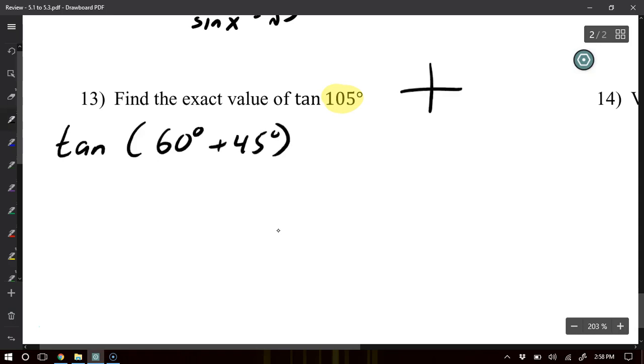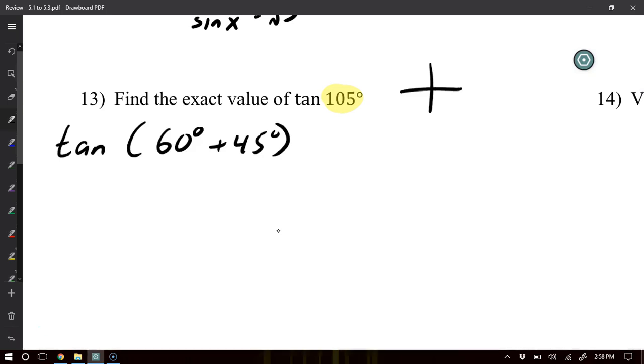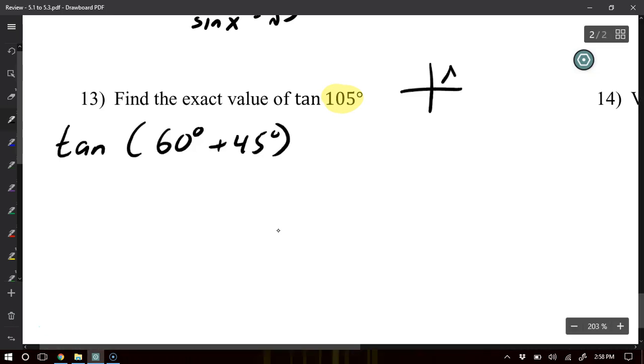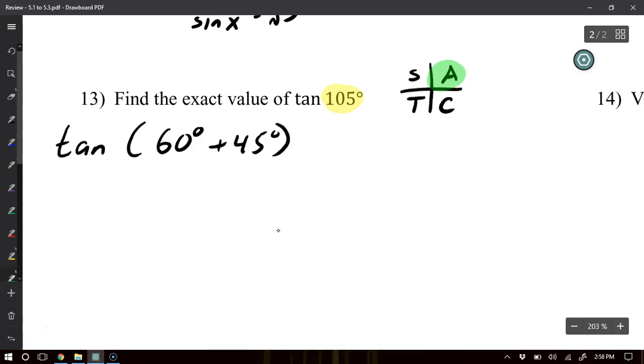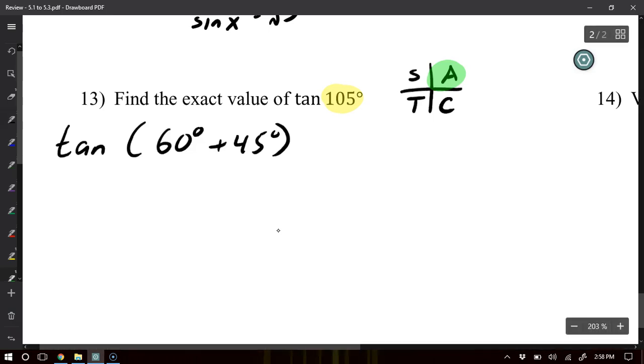If I get to choose, and I have the possibility to, I am always going to try and choose in the first quadrant. And the reason why is because All Students Take Calculus: all of them are positive in that case. And so it's going to make my life easier to work with positive.